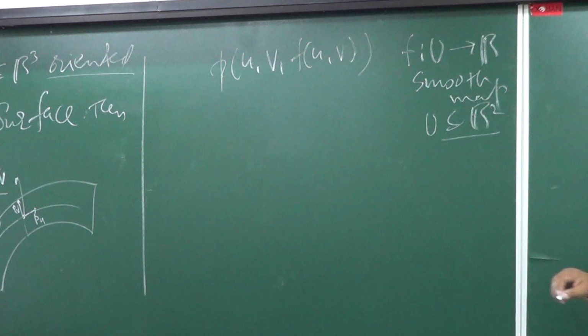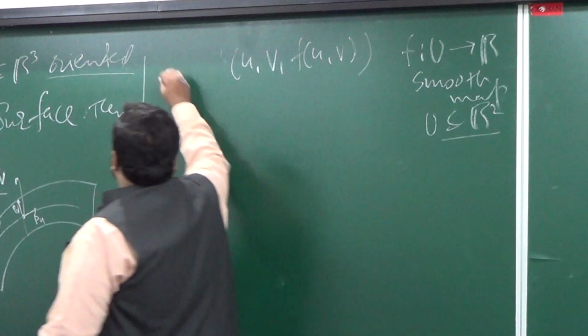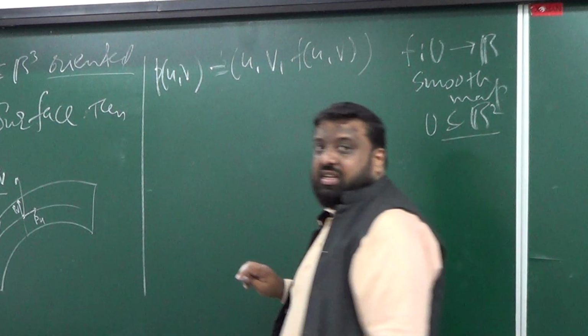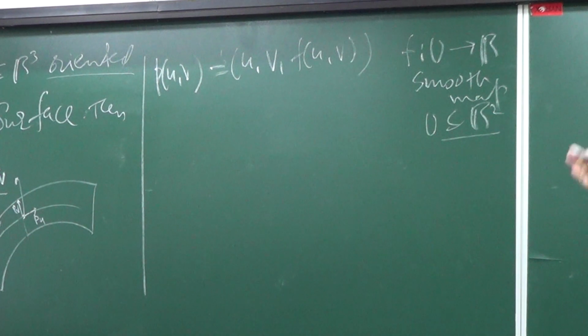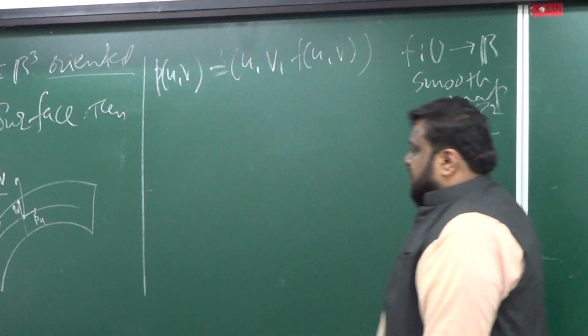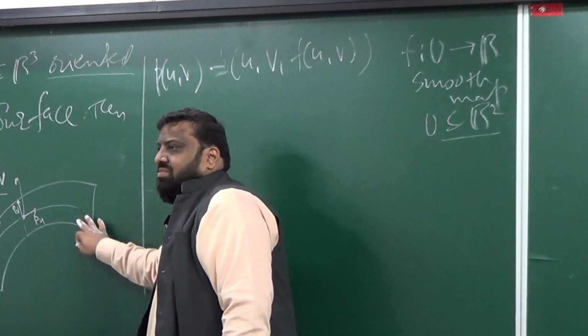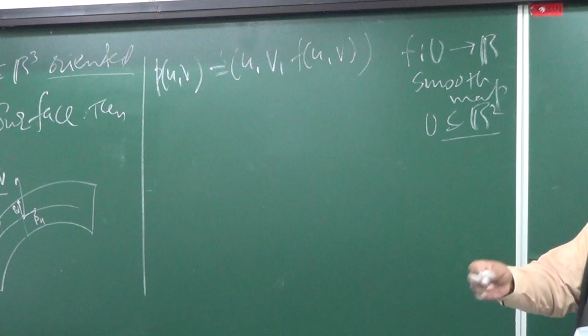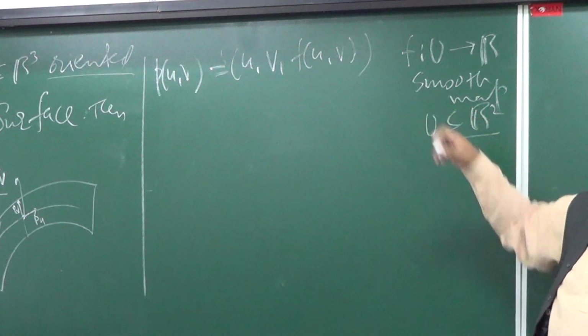Okay, so it's some open subset in R2. Then we talked last time that P of uv equal to this is a Monge patch. It's a graph surface actually. We call it a graph surface. So this is just a fictitious picture of a graph surface. Okay, it's a graph of a map f.